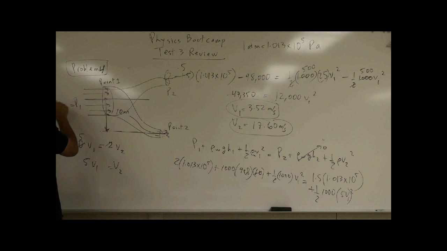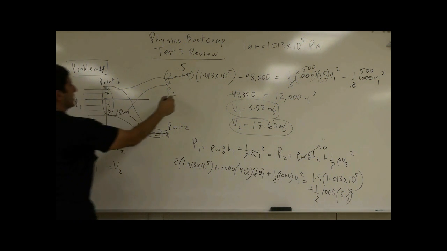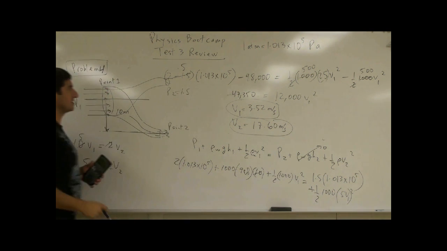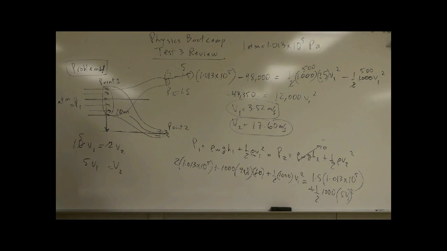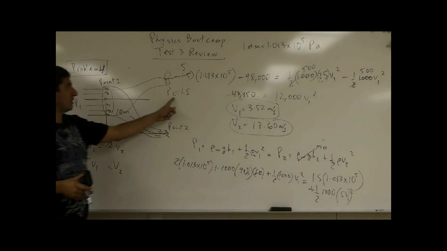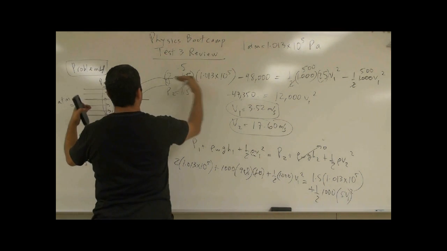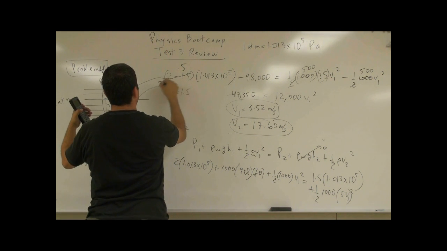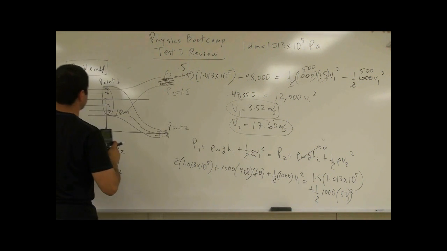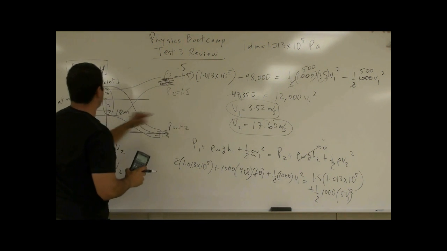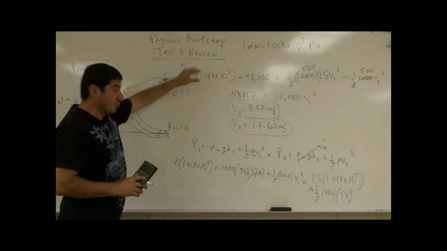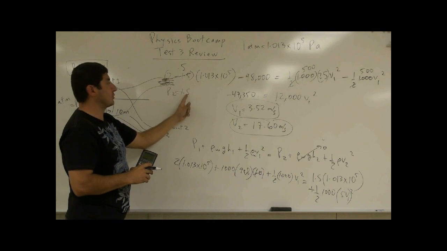Remember, P1 was 2 atmospheres. P2 was 1.5 atmospheres. We would have to make this one less pressure. You see, this pressure is the one pushing this way on the fluid. This pressure is the pressure pushing it this way. So if we want to make it go up, we would have to make the pressure pushing this way less.